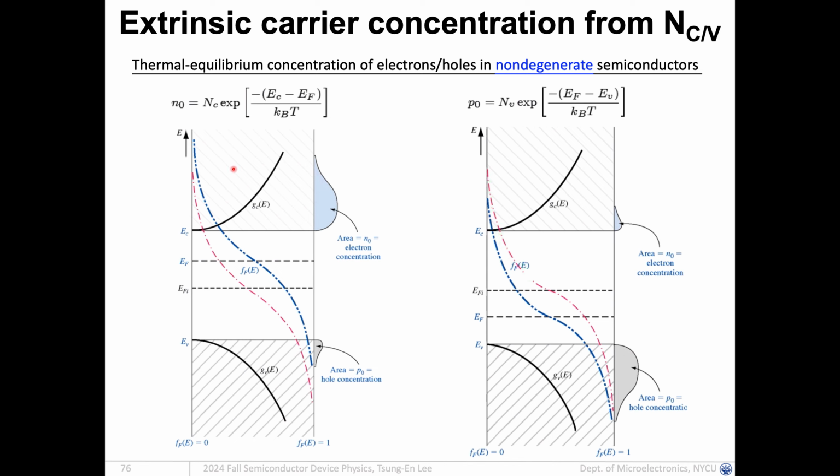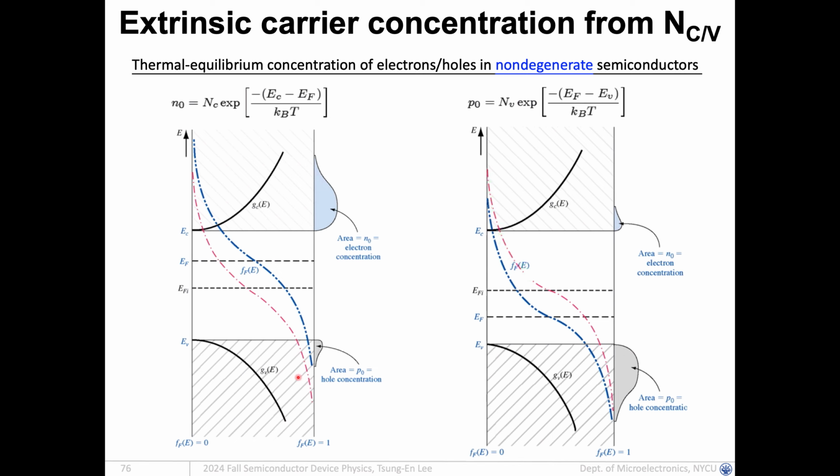Then the formula can be almost the same as the intrinsic carrier concentration of electrons and holes. We just change the intrinsic Fermi level to the Fermi level. And that is the same for the hole carrier concentration.